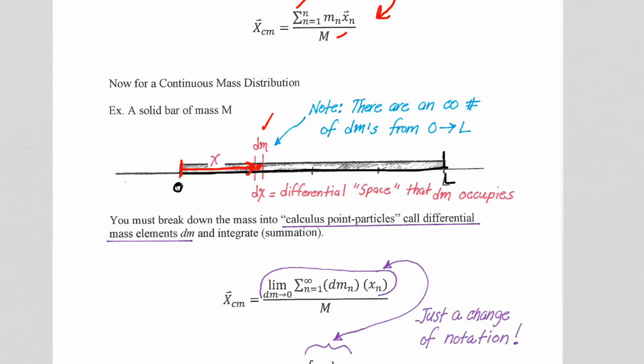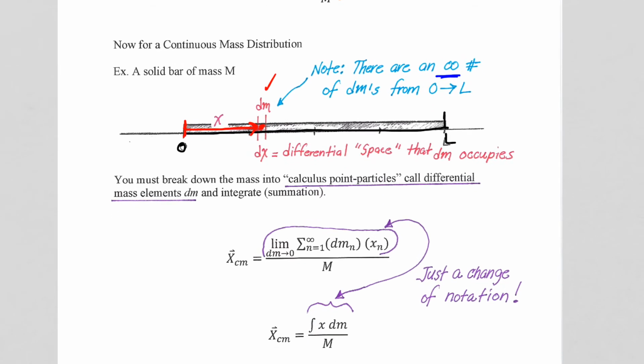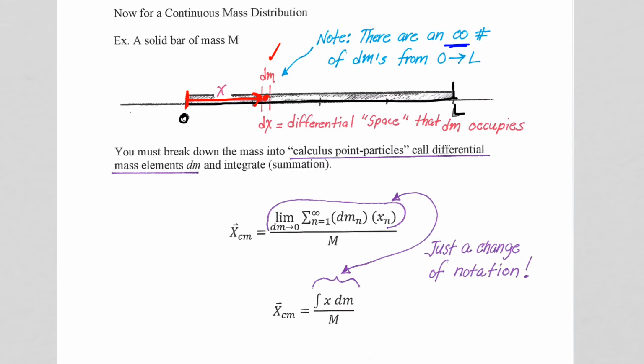And just to note that in calculus, those dm's are referred to as differential masses, and they're infinitesimally small so that we have an infinite number of them. So now we have a problem with brute forcing a calculation. So this is where calculus comes in. Ideally, if we were going to just keep doing what we were doing with our discrete point particles, we would be doing this calculation here.